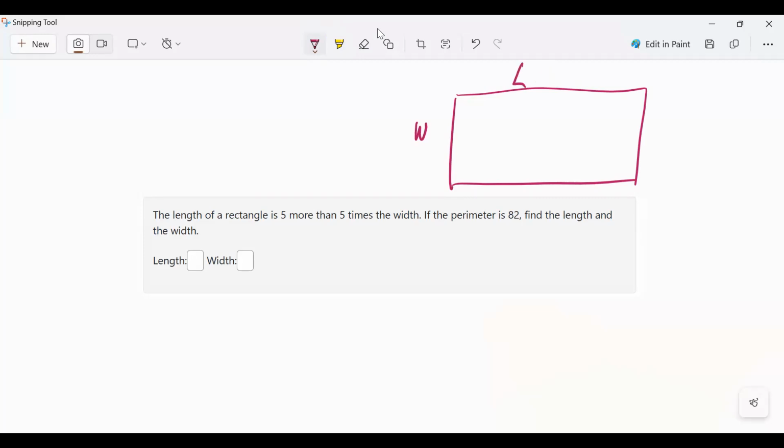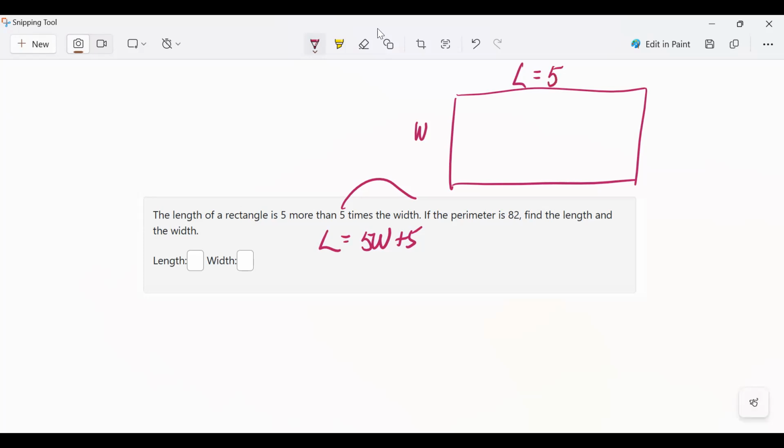L in terms of W, because it says it's 5 times the width, meaning 5W, right? 5 more, adding 5. So length equals 5 times the width, 5W, adding 5 more.